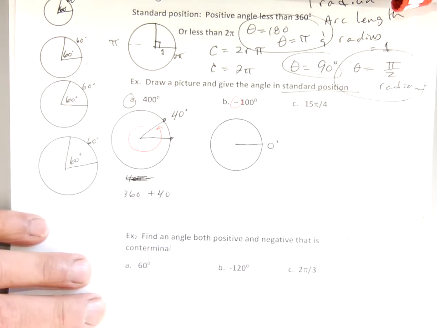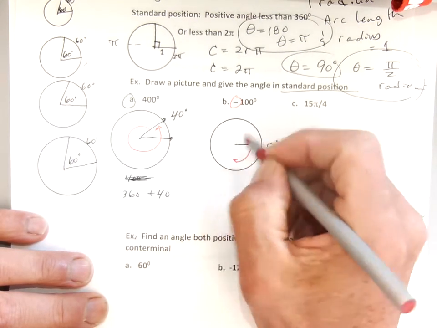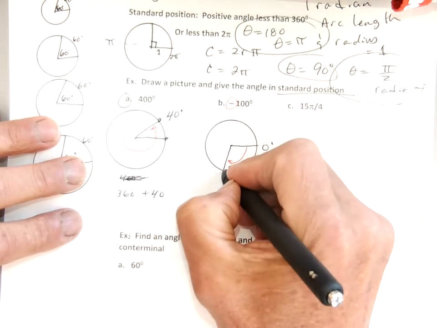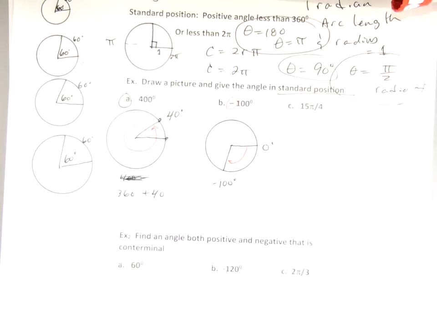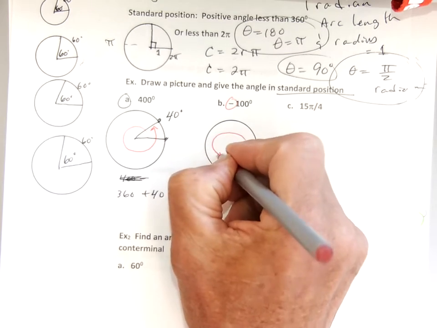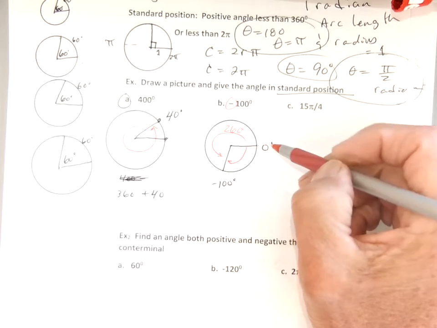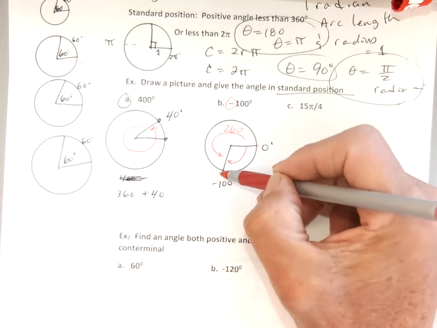So my rotation is going to go backwards 100 degrees. It could be negative 100 degrees. It could also be the same position at 260 degrees, right?